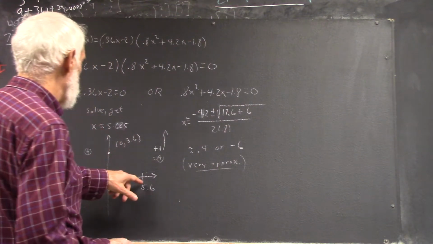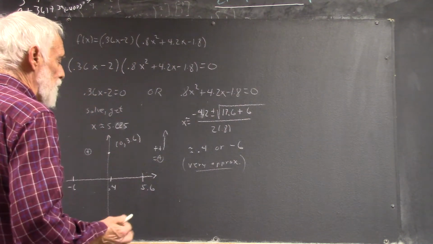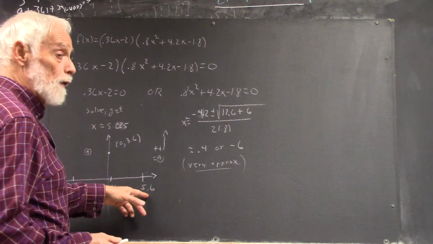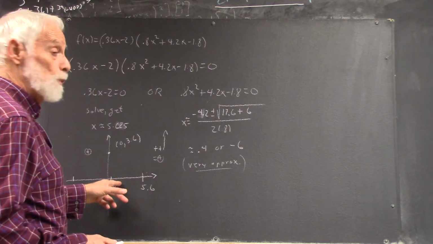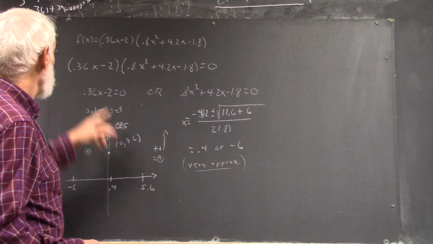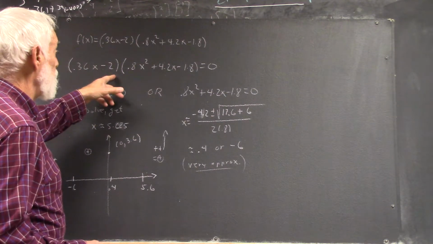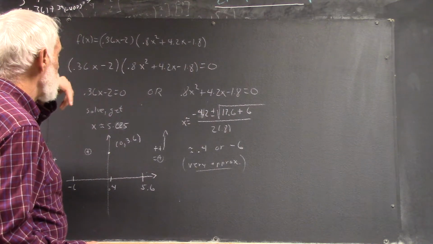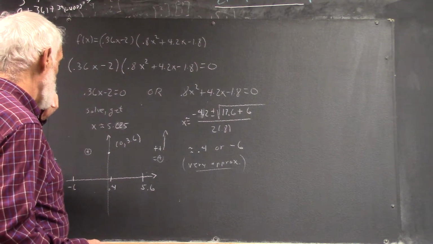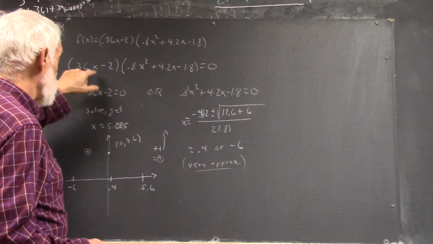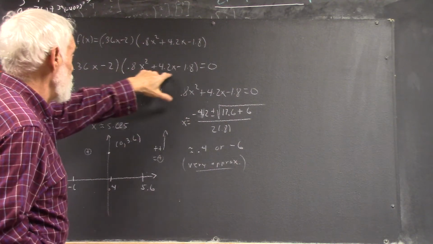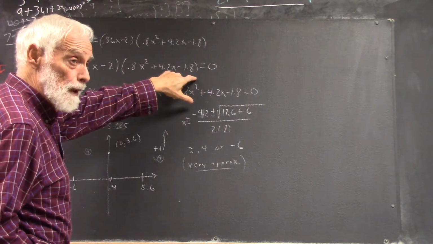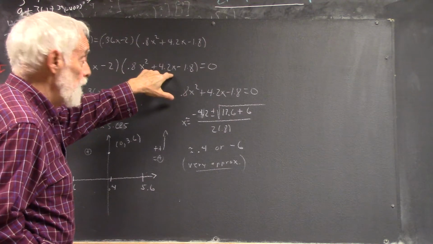And then from 0.4 to 5.6, you pick a number between 0.4 and 5.6, pick 2. Okay? If you got 2, you got about negative 1.3. So that's negative, and clearly if you plug in 2, that's going to be positive, because this is going to be positive, this is going to be positive.